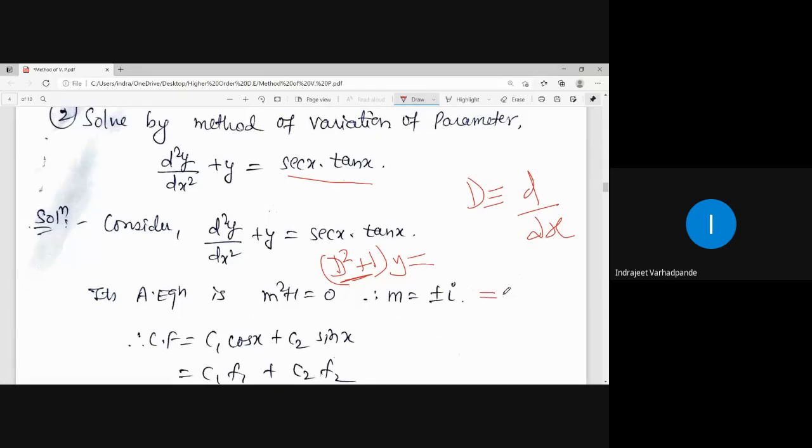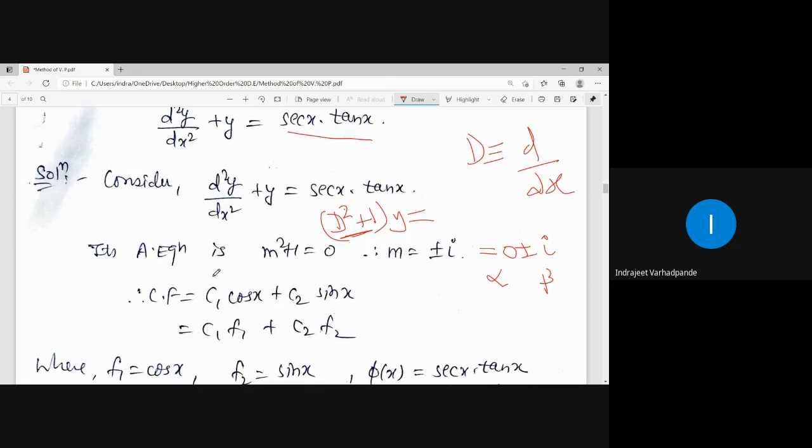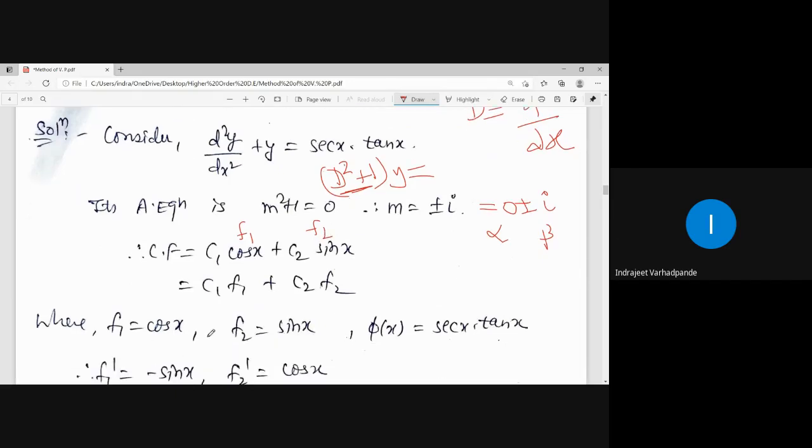M is equal to 0 plus minus i. Complex root. Alpha is 0, beta is 1. So e to the power 0x is 1, we will not write it. C1 cos x plus C2 sin x. I can compare this with C1 F1 plus C2 F2, from which I get F1 is cos x, F2 is sin x.